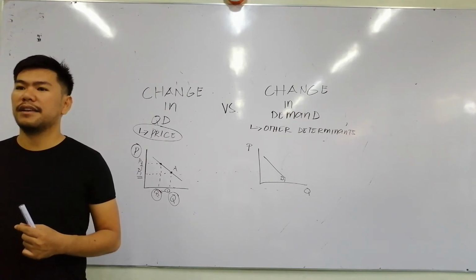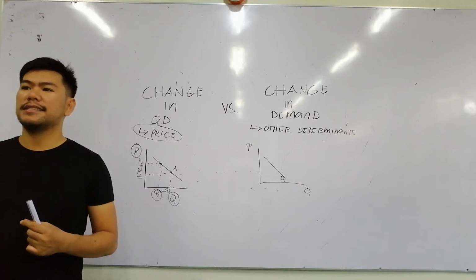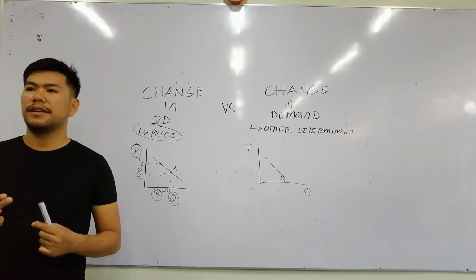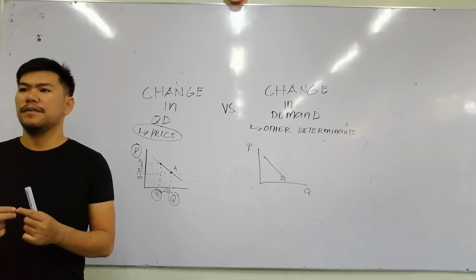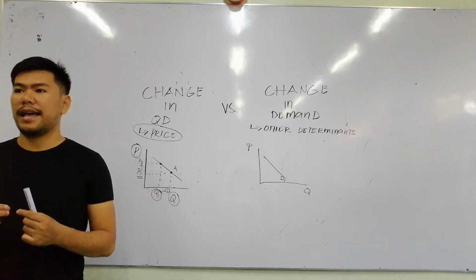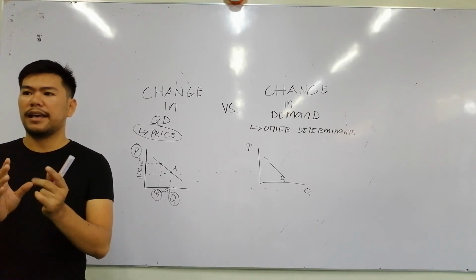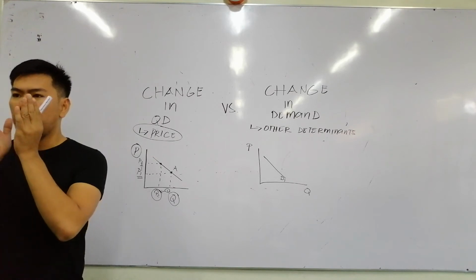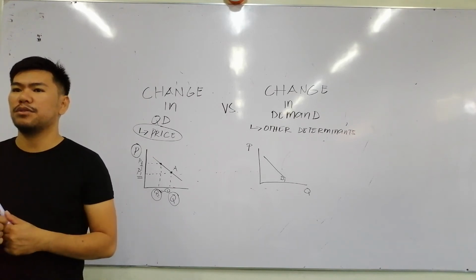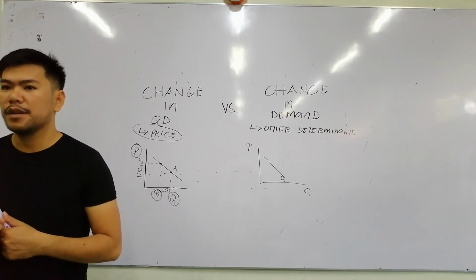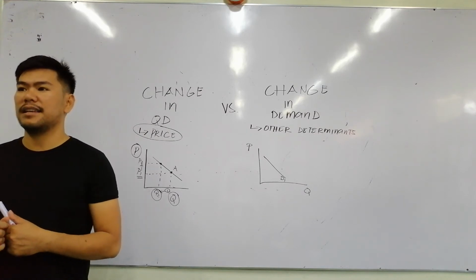If you can still recall, corn is a substitute for rice. So this is another determinant of demand, the price of related goods. So we have two goods here, good X and good Y, rice and corn. So my question is, what happens to the demand curve of corn when the price of rice increases?